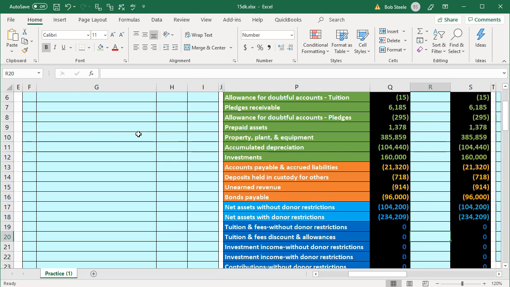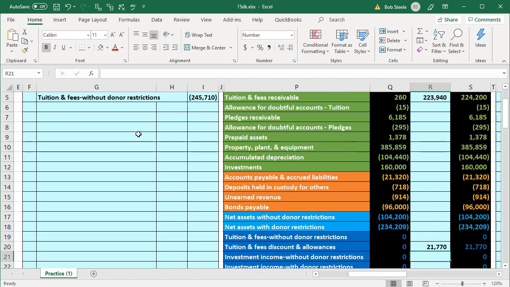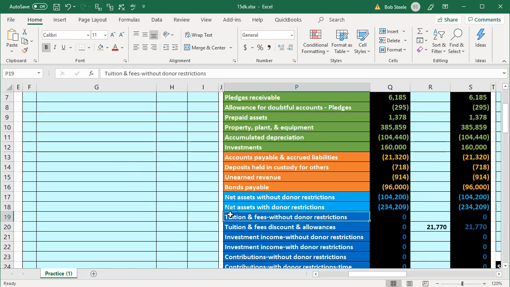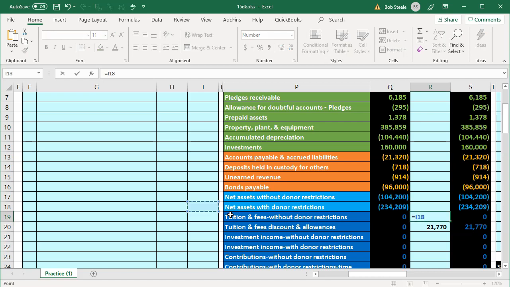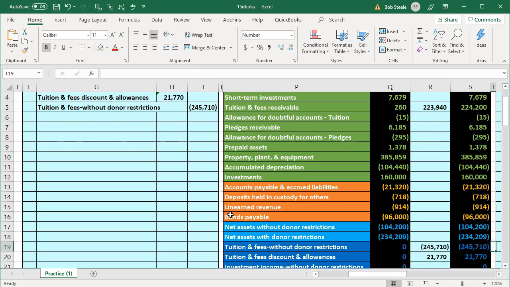Within R20, we're going to say equals, scroll back up, and we'll pick up that 21,770. So that's going to increase that in the debit direction. Then we're going to be picking up the tuition and fees without restrictions, the final amount. So we're going to scroll down to cell R19, equals, scrolling back up to pick up that amount, the 245,710. So there we have that amount.